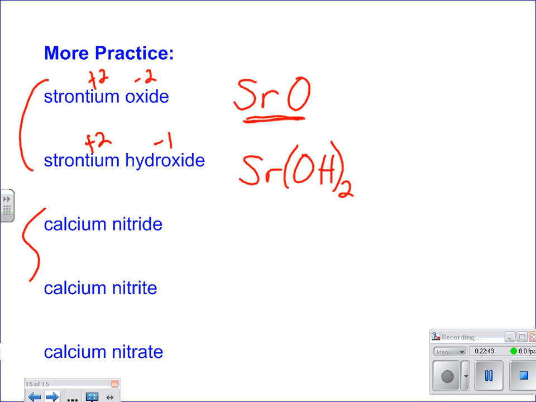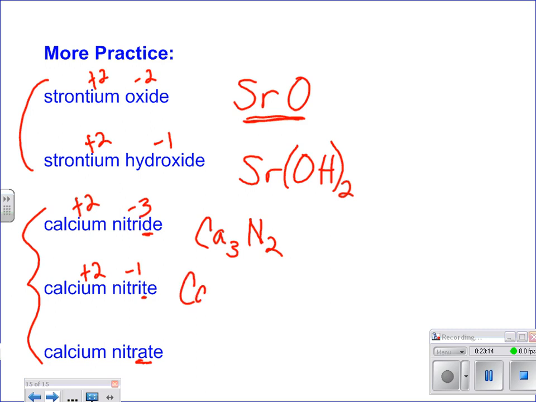Okay, I just wanted to mention how one tiny little letter, itty bitty little letter, really makes a big difference in how you write these things. So calcium +2, nitride comes from the periodic table, is -3, so it becomes that. Calcium +2, nitrite from your polyatomic ion sheet becomes that.